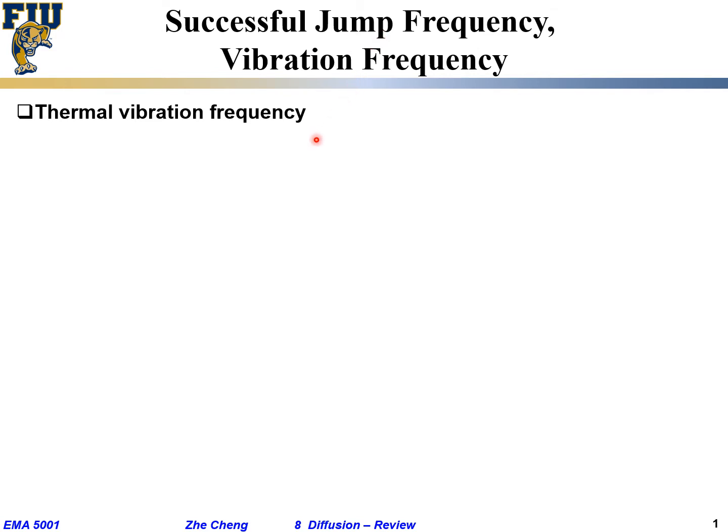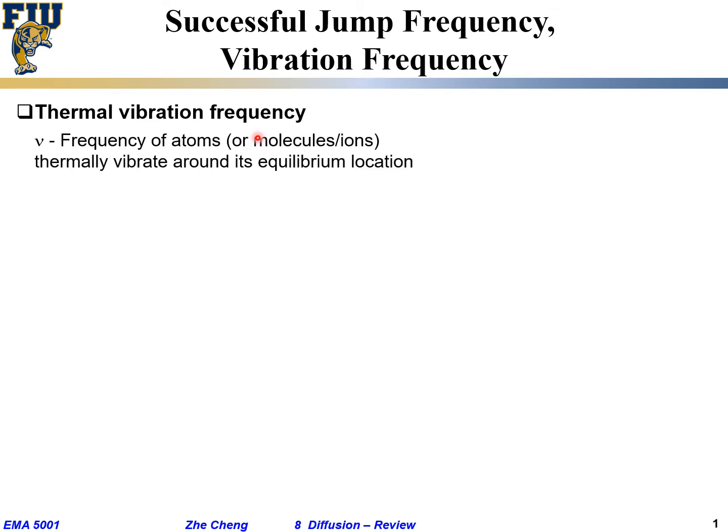From what we discussed before, thermal vibration frequency, or mu, is essentially the frequency at which an atom, molecule, or ion thermally vibrates around its equilibrium location. Typically, it's a very high number.